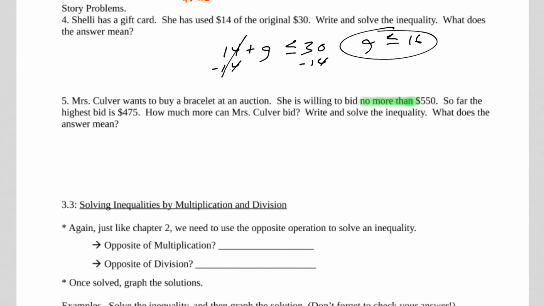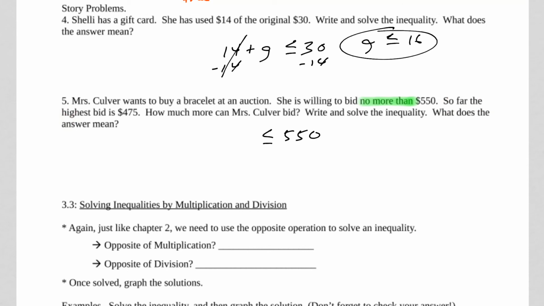So right now we know that Mrs. Culver is willing to spend less than or equal to $550. The next part of the problem says, so far, the highest bid is $475.